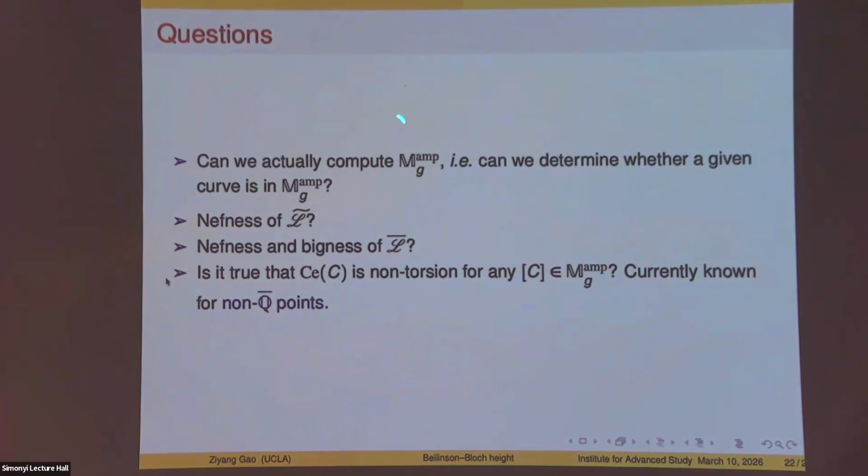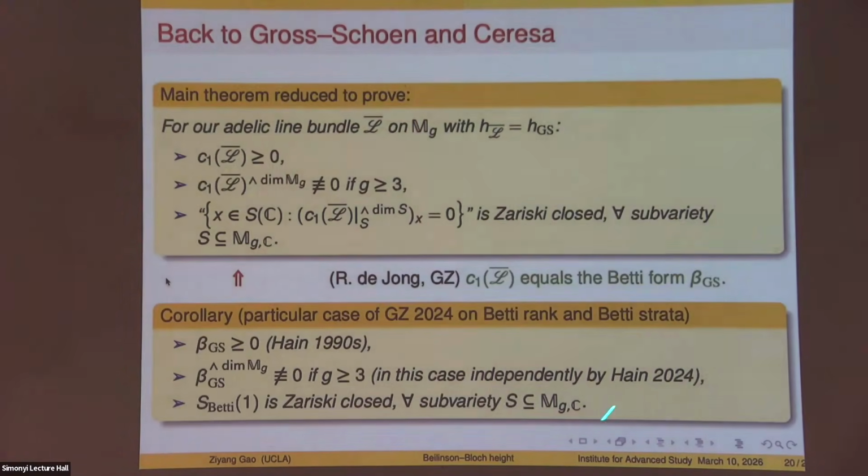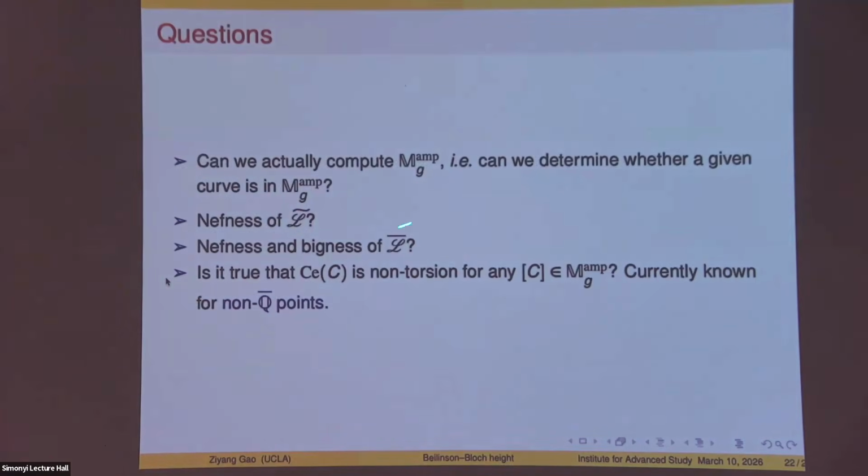And to answer this question, I think maybe Hain's proof is more explicit, even though in his paper he didn't really compute this Betti strata for any g, but his proof is really more explicit than ours for this purpose. And I think, in my opinion, there's more hope to read off what this ample locus is from Hain's proof.